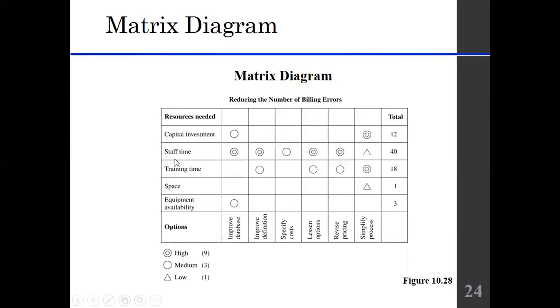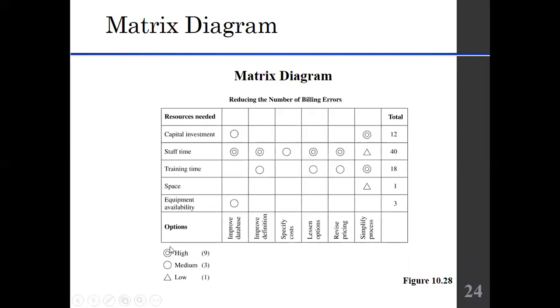The resources are mentioned here in the first column, like capital investment, staff time, training time, space, and equipment availability. And the options we have are presented here in a row, like improve database, improve definition, specify costs, listen options, revise pricing, and simplify process.